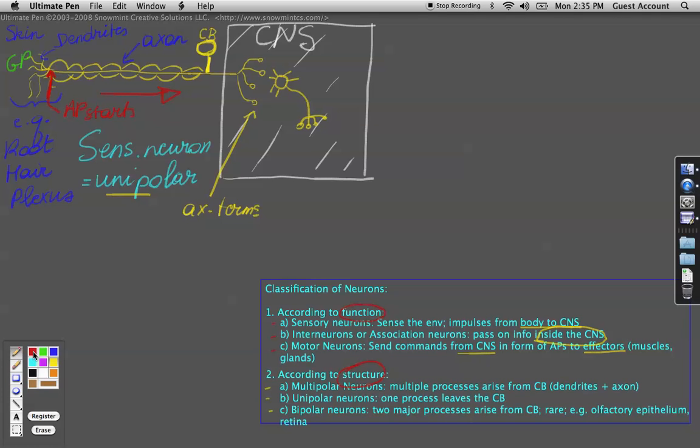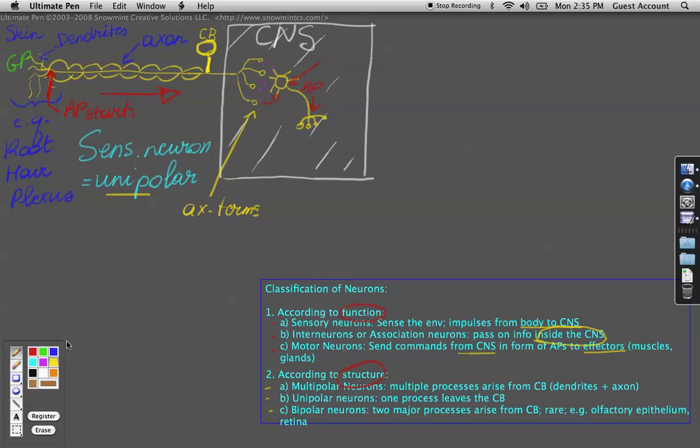So our action potential is eventually going to be firing here on our interneuron as neurotransmitters are being passed on from the sensory neurons onto the interneuron.